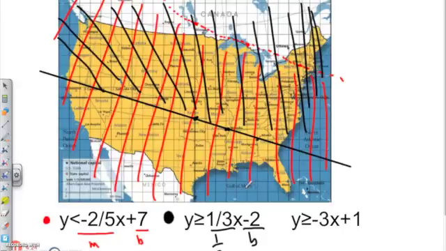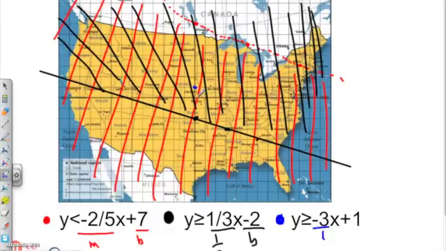To narrow it down a little bit further, we're going to graph our third inequality. So y is greater than or equal to -3x plus 1. Our y-intercept is going to be 1, just north of Lincoln, Nebraska. And our slope is -3 over 1. Remember, if we have this as a whole number, to make it a fraction, we just put it over 1.